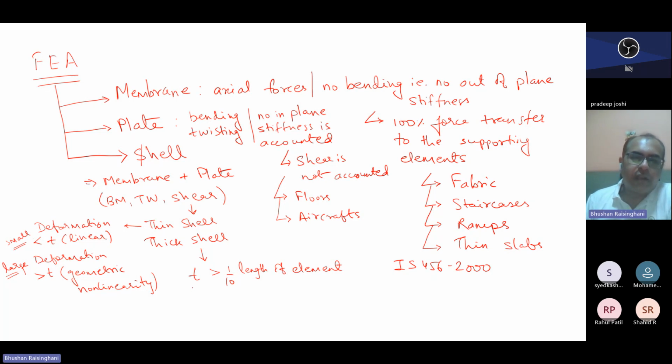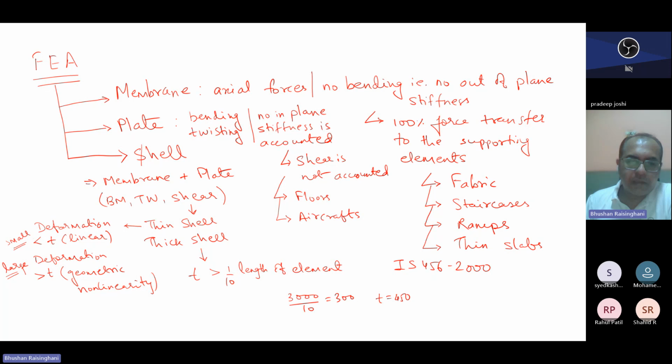However, a shell element has a characteristic that it also has shear. So if we have a higher thickness, like the thickness of the floor is 500 mm or 400 mm, and your length is 3000, then 3000 divided by 10 is only 300, and you have given a slab thickness of 450, then it will become a thick shell.